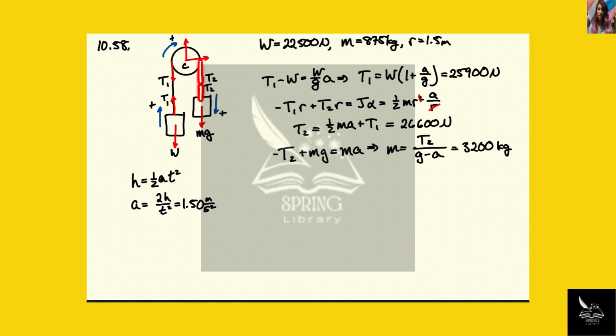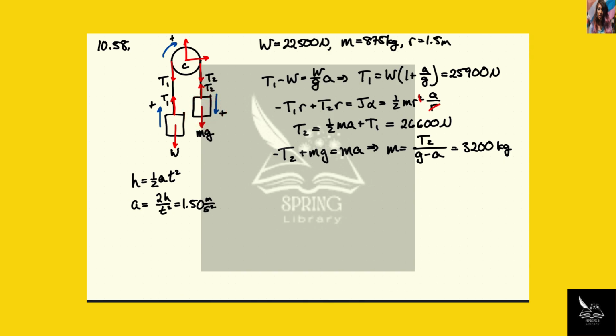The tension over here is not the same as over here because the pulley has angular inertia and is accelerating. So we have a different tension in this cable, and then we have the weight. The free body diagram here says that this tension and this tension, if we cut the cable, have to be equal and opposite, and then we have the mass of the counterweight.